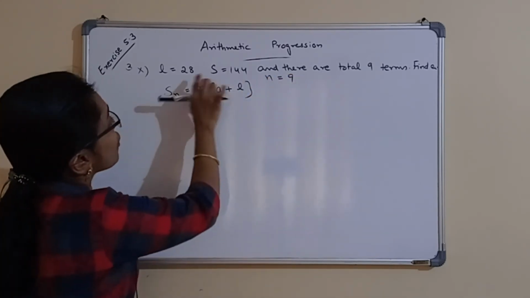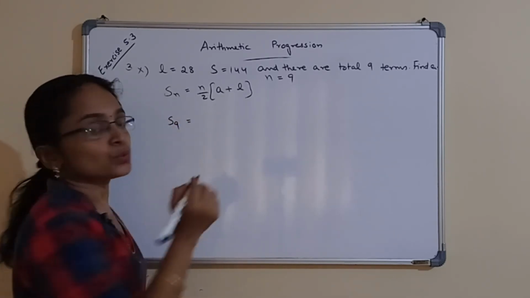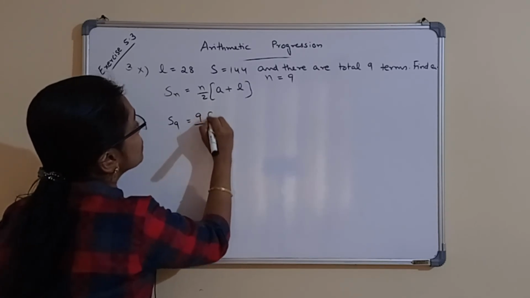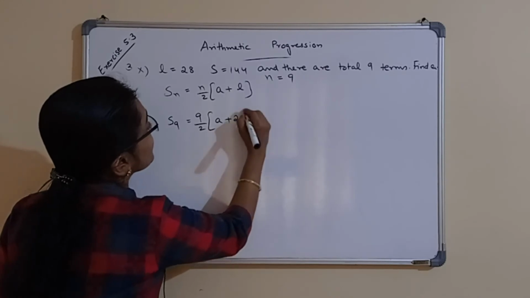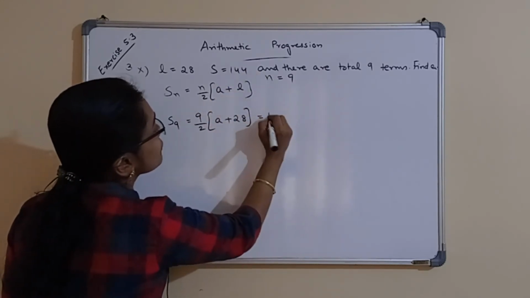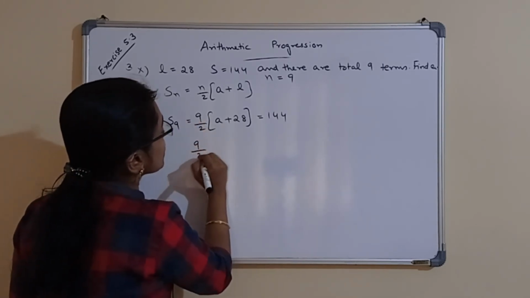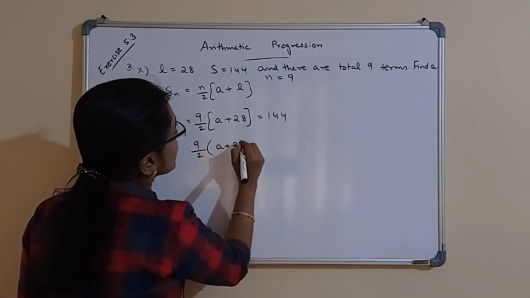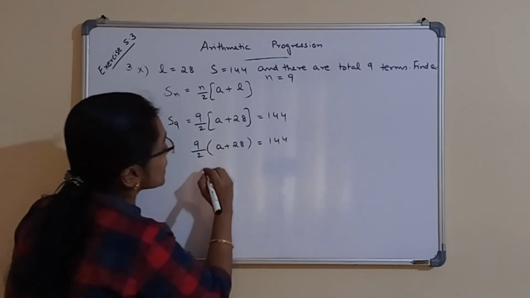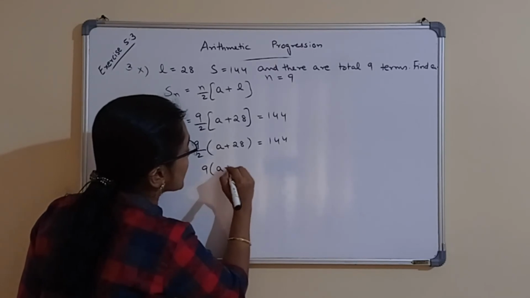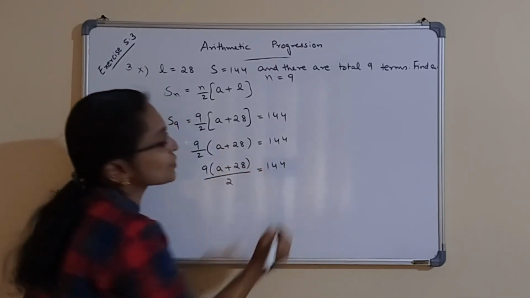And substitute all these terms here. We have S9 equal to n by 2, which is 9 by 2 into a plus L, 28, and that is equal to 144, right? So 9 by 2 into a plus 28 is equal to 144, which means we can write it as 9 into a plus 28 by 2 is equal to 144.